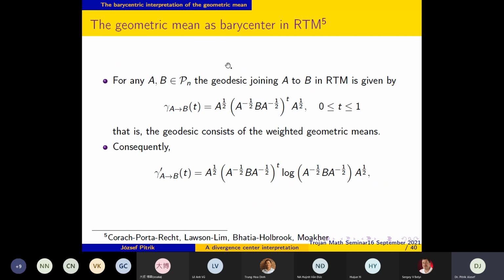Now, several authors proved the following essential result. You can see here some of them: Corach, Porta, Recht, Lawson, Lim, Bhatia, Holbrook, and Moakher.